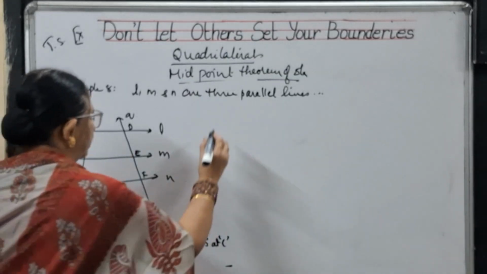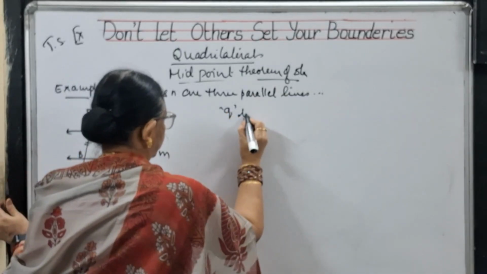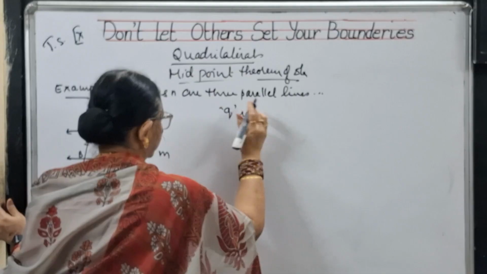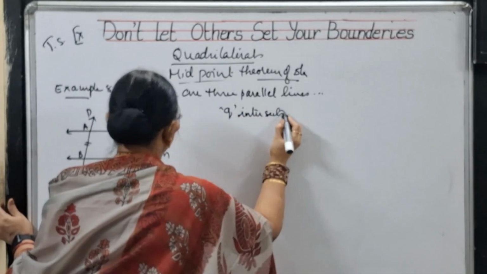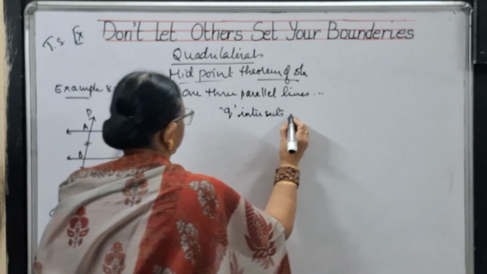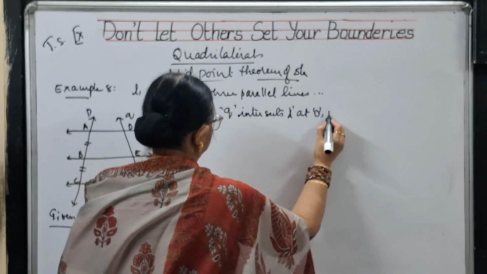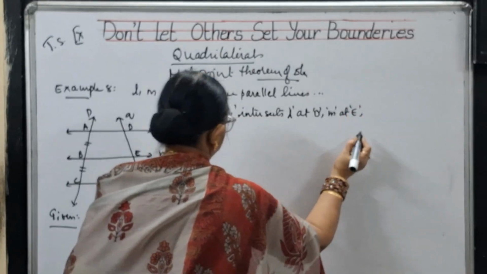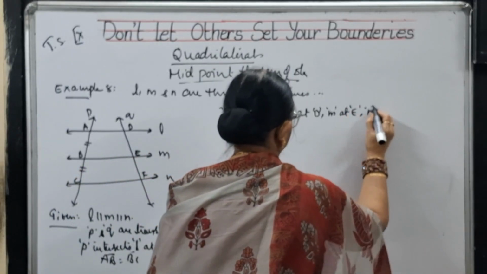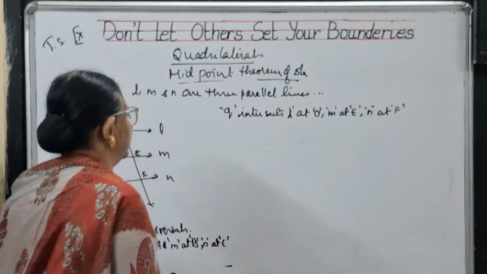Then Q intersects L at D, M at E, N at F. This is given to us.